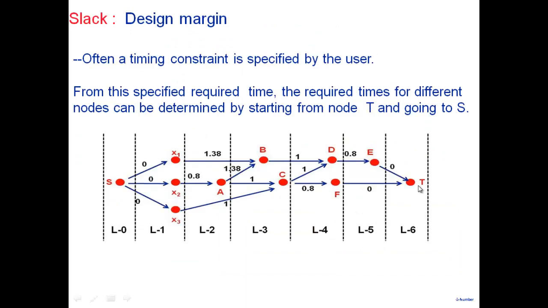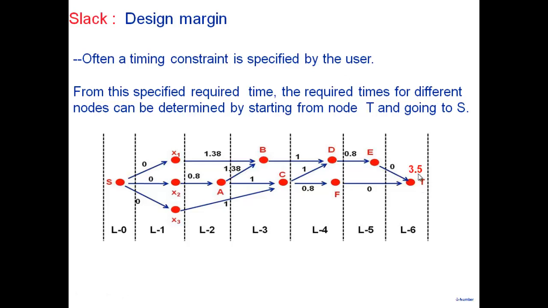Suppose the timing constraint is that the signal should arrive at T within 3.5 nanoseconds. So from the 3.5 nanoseconds, I can start from T and compute the required time at each one of those nodes from the timing constraint given by the user. So let me illustrate.